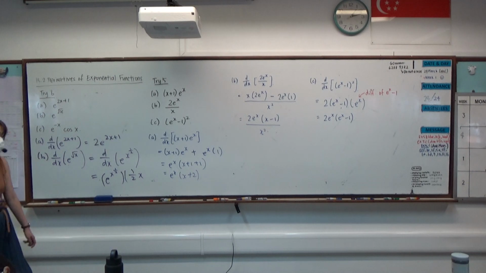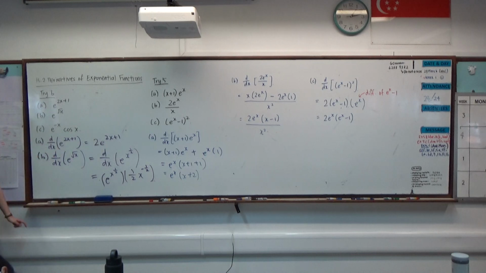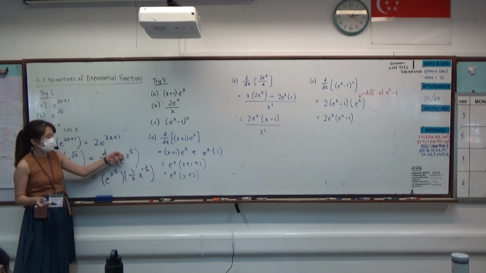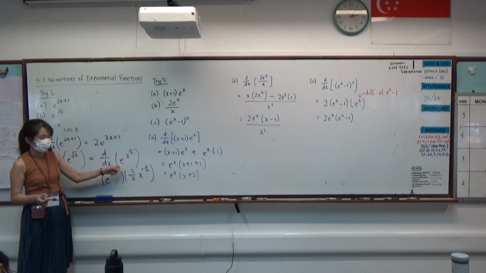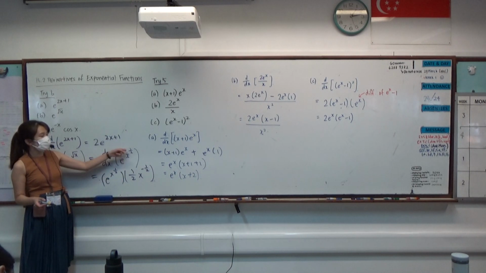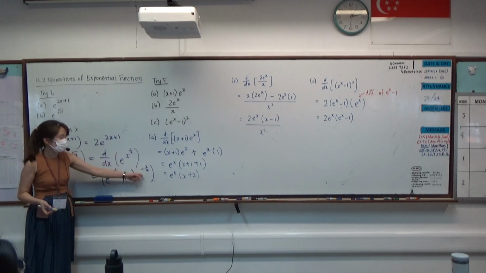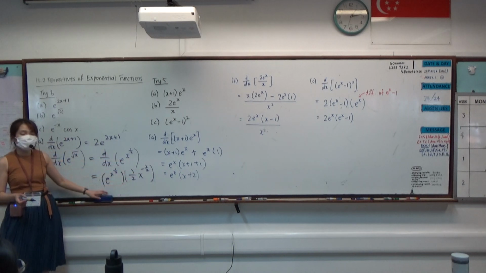Negative half. Okay. Do we all agree with this? So differentiation of e to the power x to the power of half: keep the whole exponential function. Differentiate your x to the power of half. That will mean that you bring down the power minus 1, so negative half. Okay. So we get that.